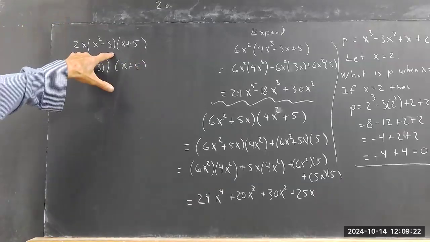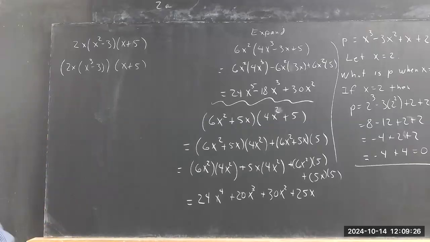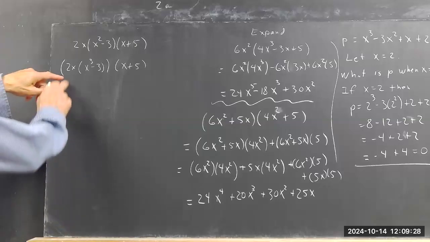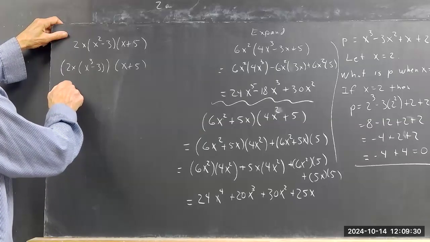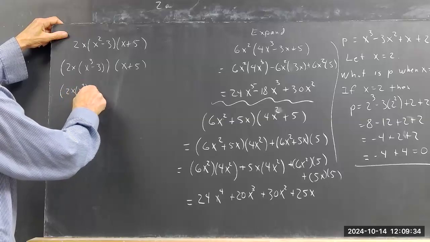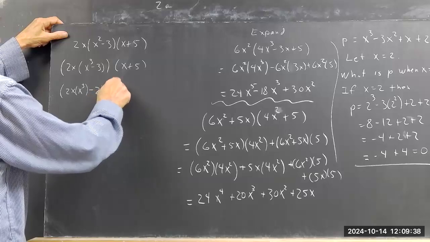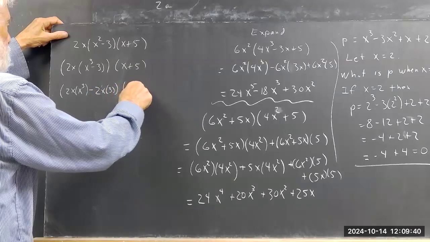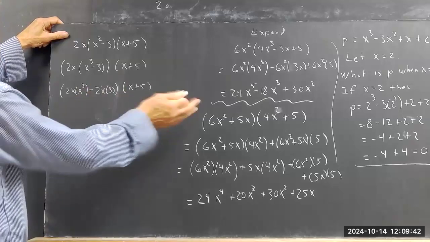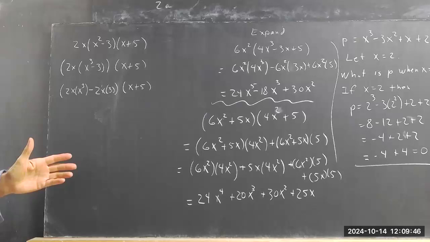So I put parentheses around the part that I'm going to simplify. Having done that, I go ahead and multiply this out. So this is going to be 2x times x cubed minus 2x times 3 multiplied by x plus 5. We're not trying to multiply everything all at once, okay?